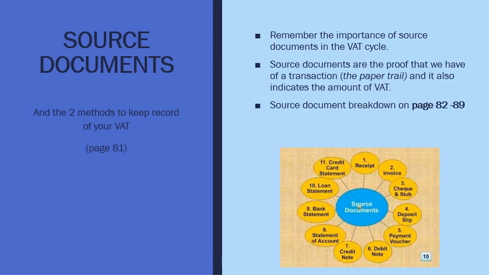And you can scan through pages 82 to 89 in your textbook, and you can see they actually have very nice examples of the different kinds of source documents. So you can go and just see, especially if there are ones that you've never seen before. I mean, we all use till slips regularly, and maybe you've gotten a proof of payment or a cash receipt before, but maybe there are some other ones that you haven't seen.